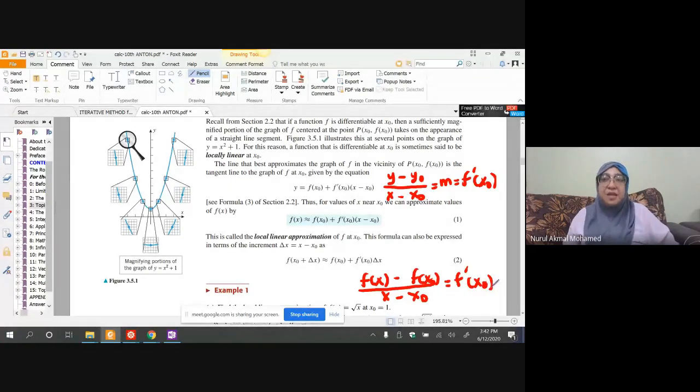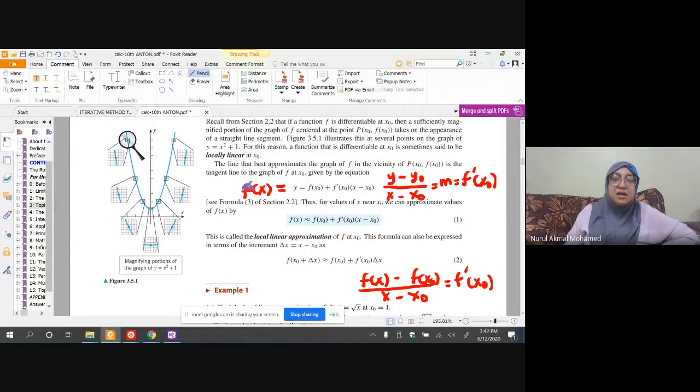So f of x is equal to y, which is equal to f of x naught. If we transfer everything to the right hand side, we will get f of x naught plus f prime of x naught multiplied with x minus x naught. It's the same thing as this equation of the line, which can also be written as this equation here.